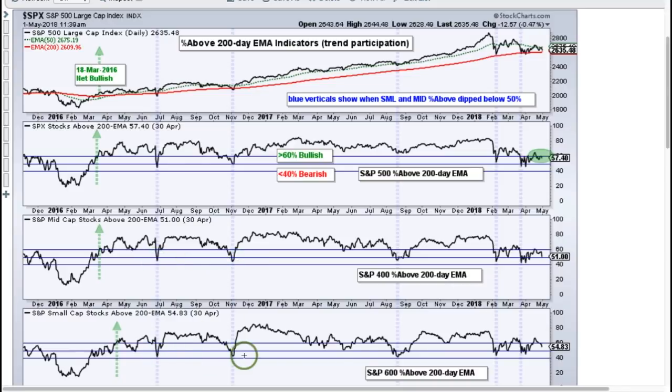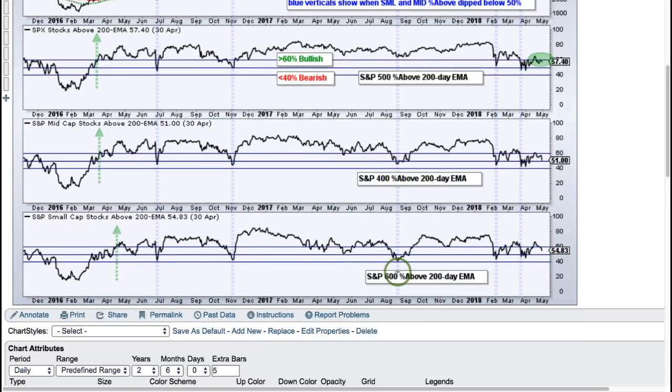That's the blue lines there. And each time we had a bounce after that, except for this March one. In February, we had a bounce. We dipped back below in March, and we had a pretty weak bounce. So that is a concern, but we have yet to move below 40% to trigger those bearish signals.